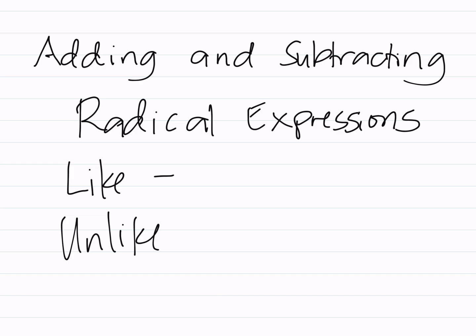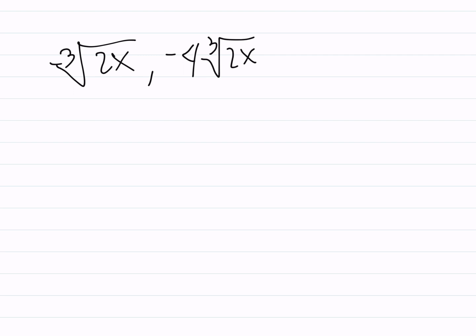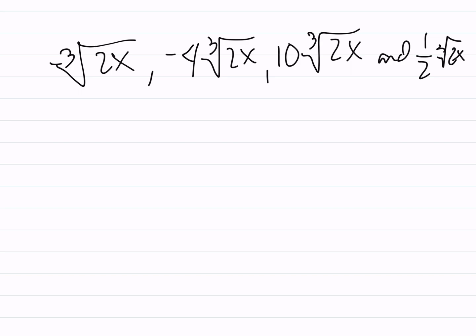So for example, cube root of 2x, negative 4 cube root of 2x, 10 cube root of 2x, and 1/2 cube root of 2x are examples of like radicals because they have the same index, which is 3.